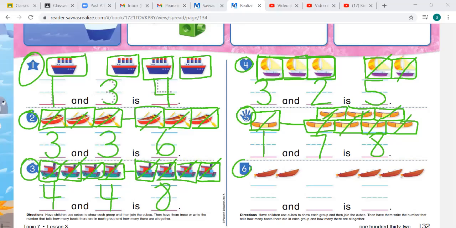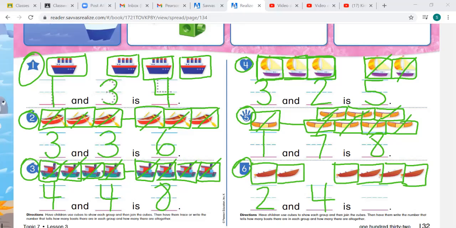All right, we're at our last problem. We have 1, 2 boats. So let's write the number 2. And then over here we have 1, 2, 3, 4. 4 cubes to show 4 boats. So we're going to write 4 here.